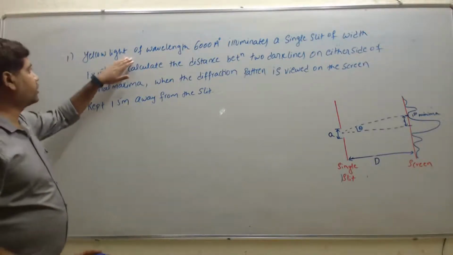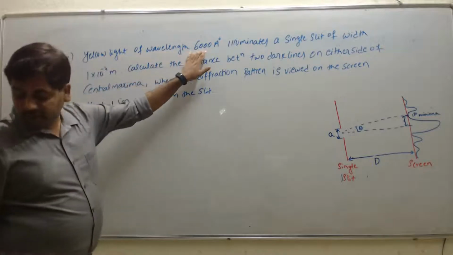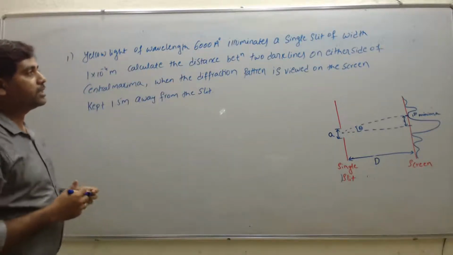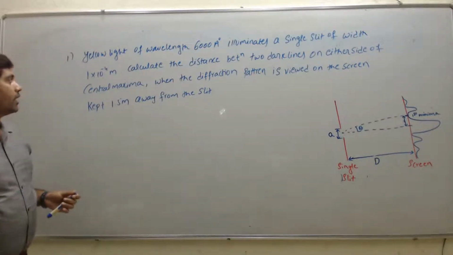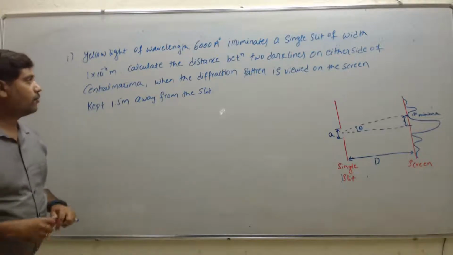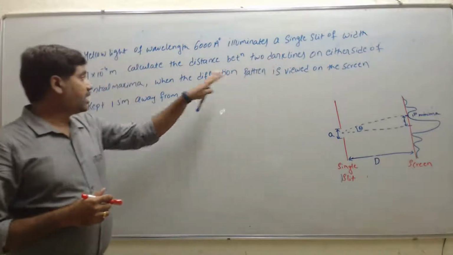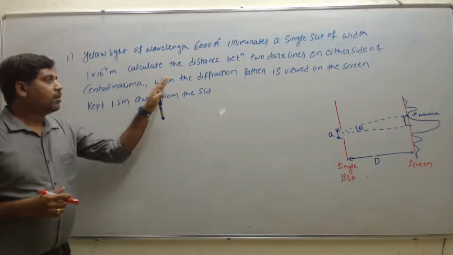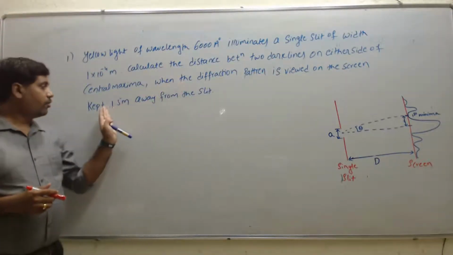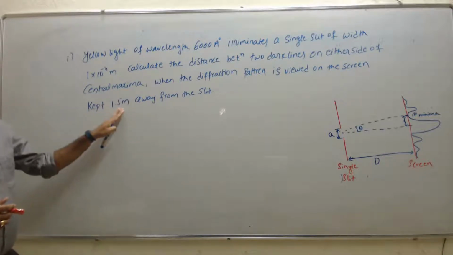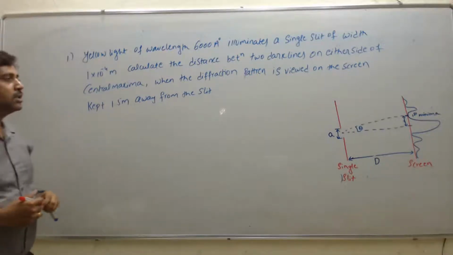So in this question they gave yellow light of wavelength 6000 angstrom illuminates a single slit of width 1 into 10 to the power of minus 4. Calculate the distance between two dark lines on either side of the central maximum when the diffraction pattern is viewed on the screen kept 1.5 meter away from the slit.